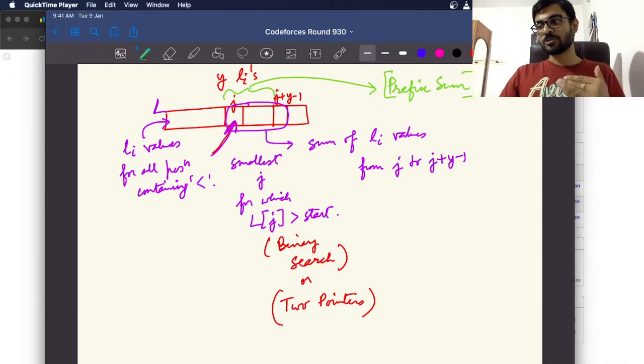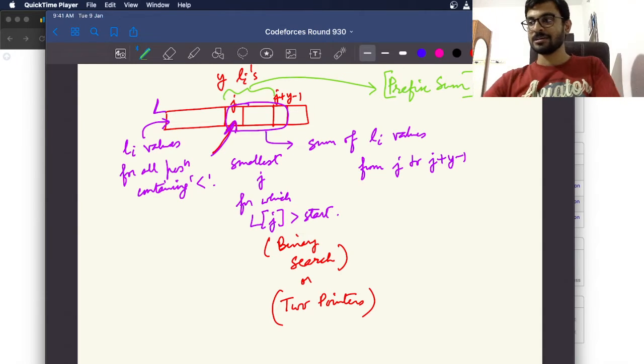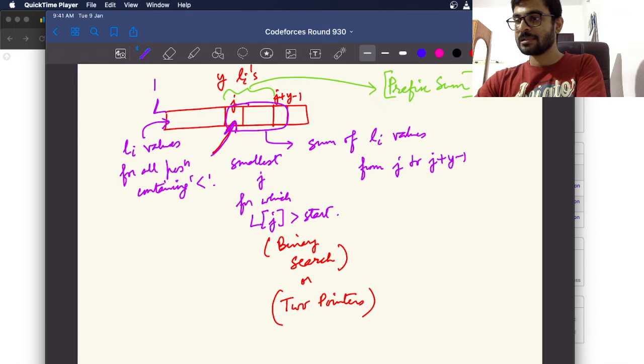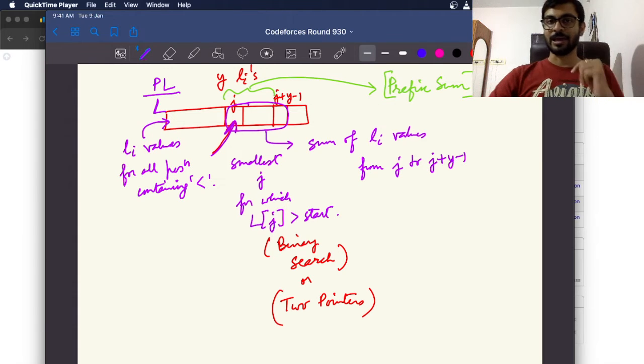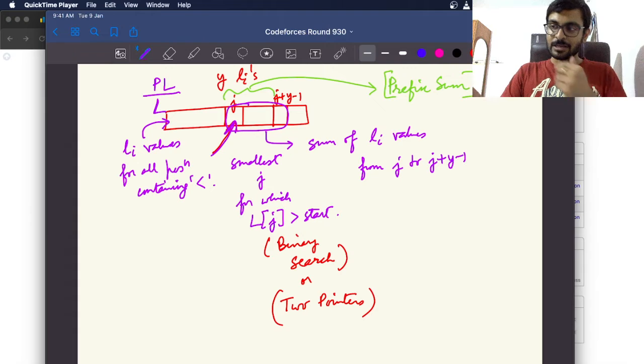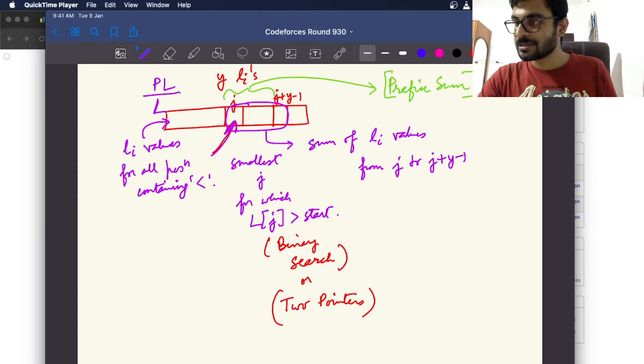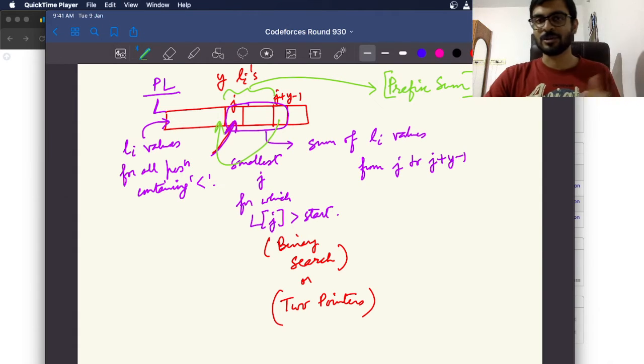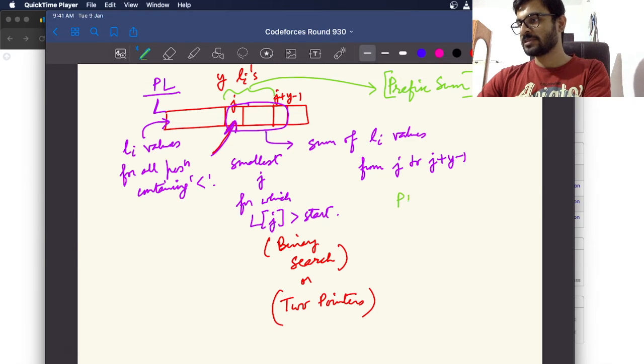Then you can compute a prefix sum of this L array, PL, and target that range. Prefix sum up to here minus prefix sum up to here gives you the answer. So it will be prefix sum PL of j plus y minus 1 minus PL of j minus 1.